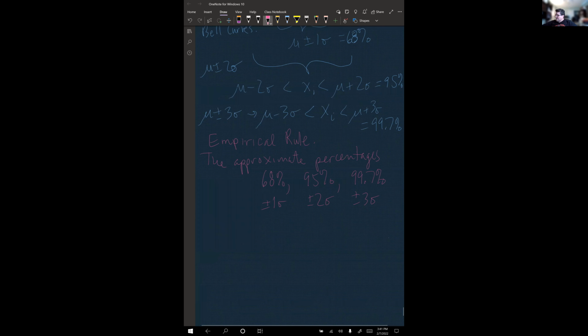We say that further than 2 deviations from the mean or center is unusual.